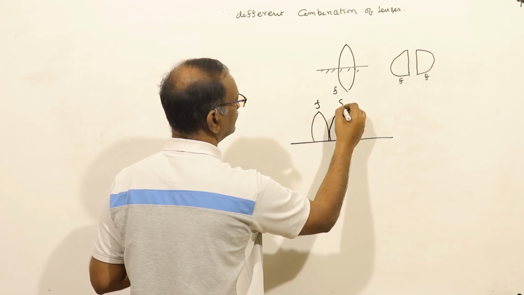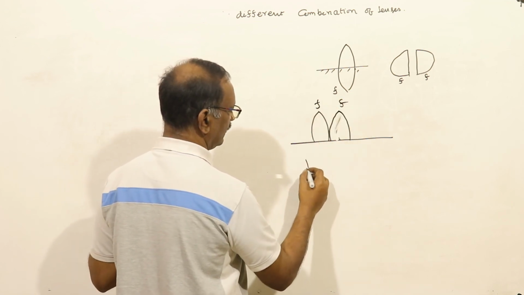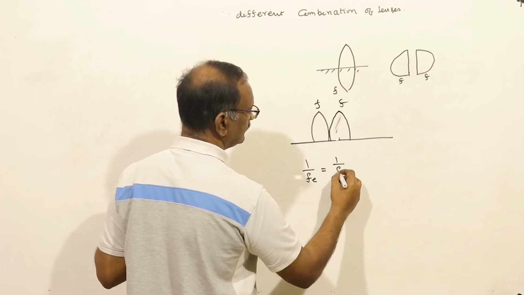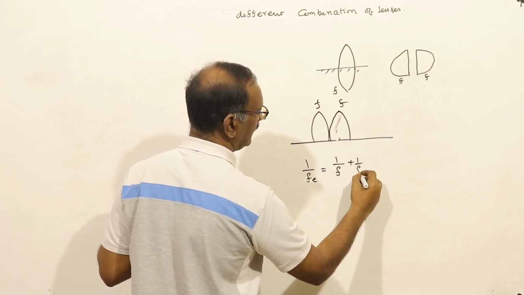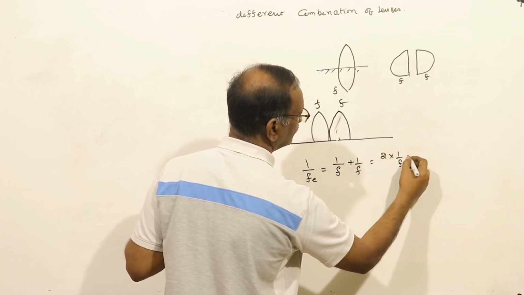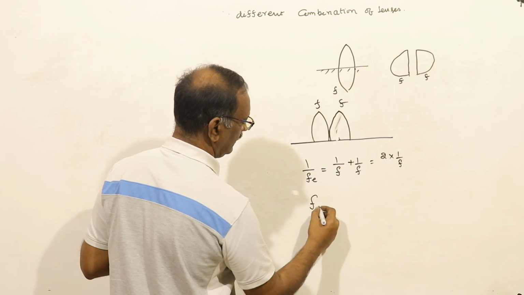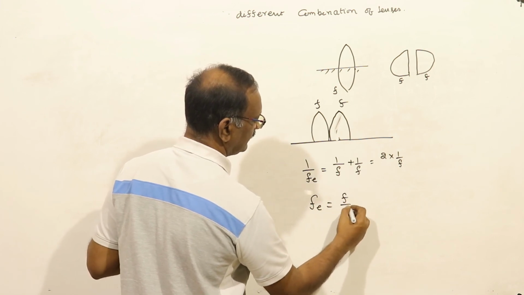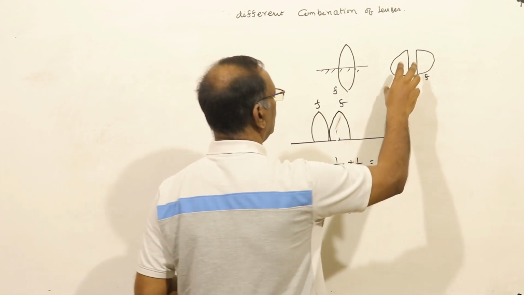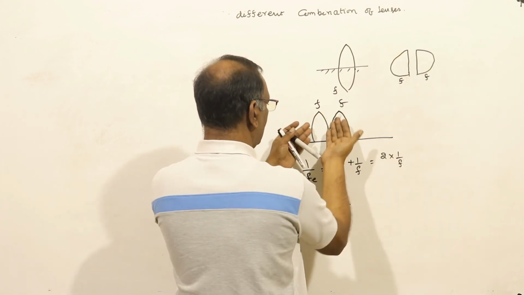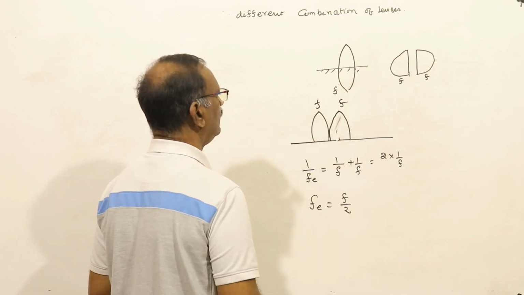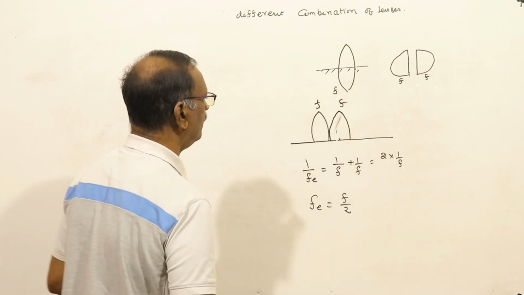Each has focal length f, so the effective focal length is 1/f plus 1/f, which is 2 times 1/f. So the effective focal length is f/2. When these two pieces are joined in this fashion, the effective focal length will be the focal length of the original lens divided by 2.